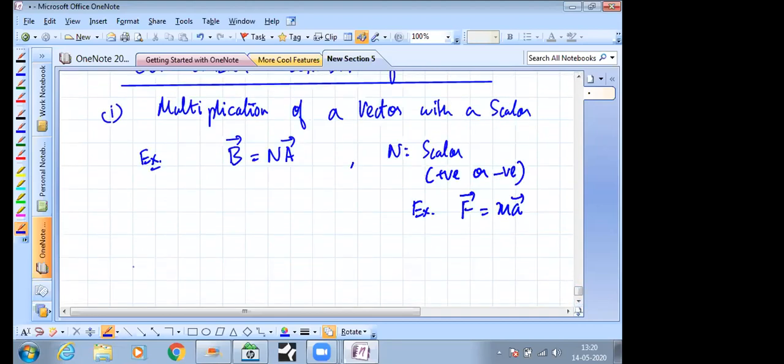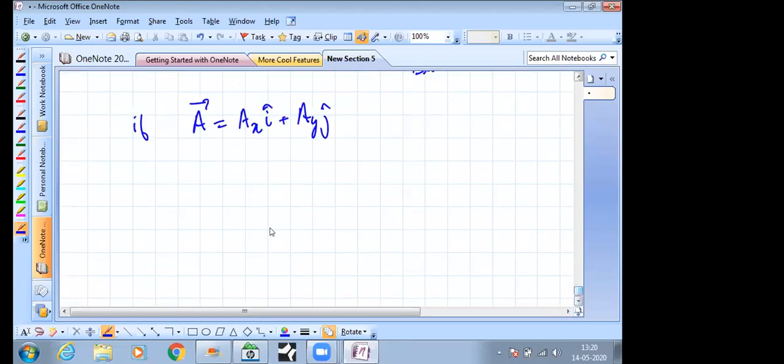So here what happens is, if vector A is equal to Ax i cap plus Ay j cap, then when we multiply on the left hand side with a scalar quantity n, on the right hand side it becomes n multiplied by this. So we just apply the distributive property of multiplication.